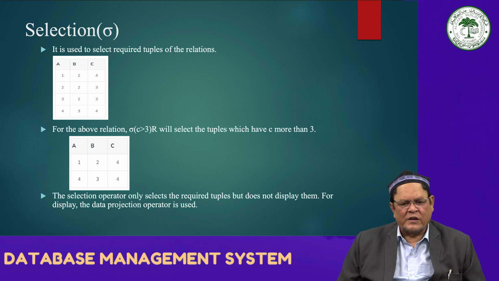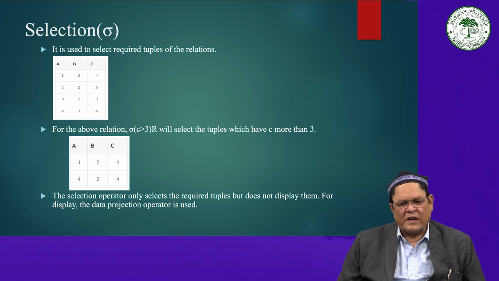It is used to select required tuples of the relation. For the above relation, selection C greater than 3 in a relation R will select the tuples which have C more than 3.